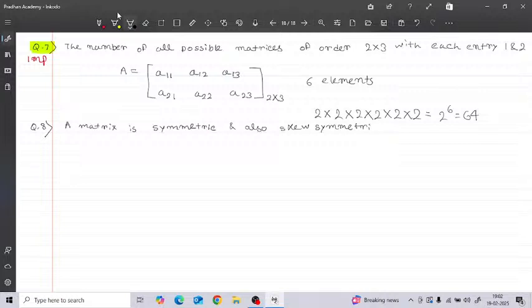What is the trace of the matrix? Now we will discuss three concepts.